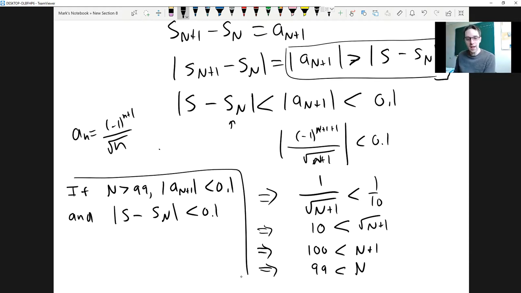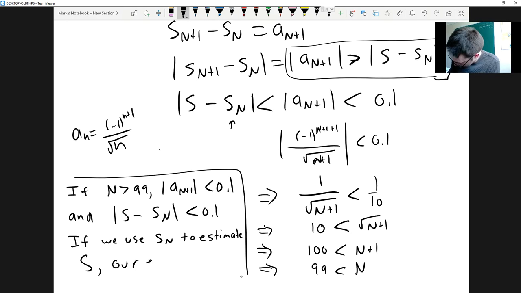And so if we use the approximation Sn to estimate S, our estimate will be close.